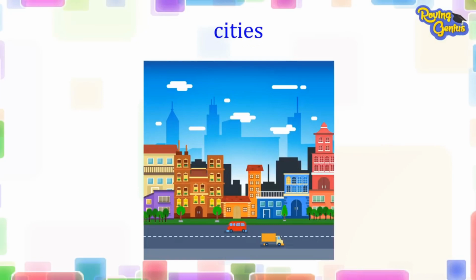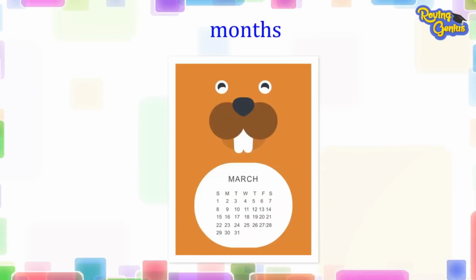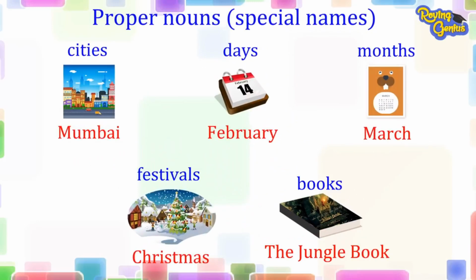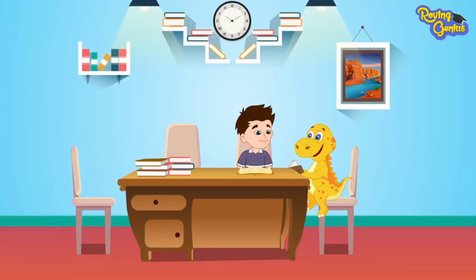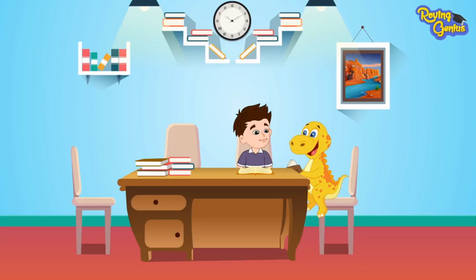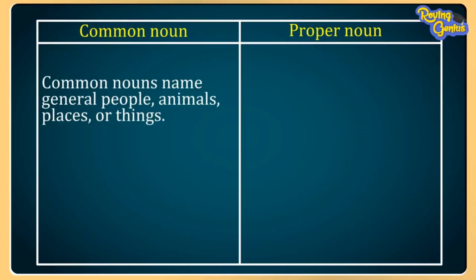Names of cities, days, months, festivals, books, etc. are proper nouns. So, Omar, do you now know the difference between a common noun and a proper noun? Yes Elvis, I now know that. Common nouns name general people, animals, places or things.